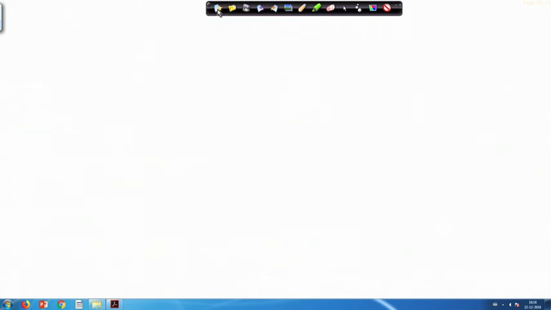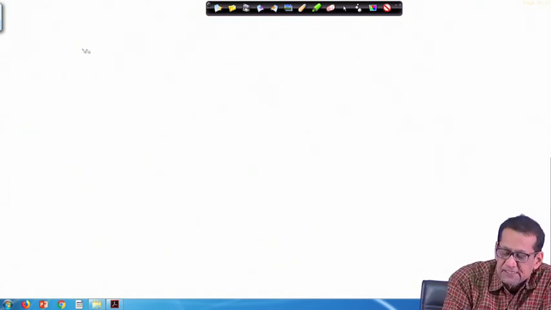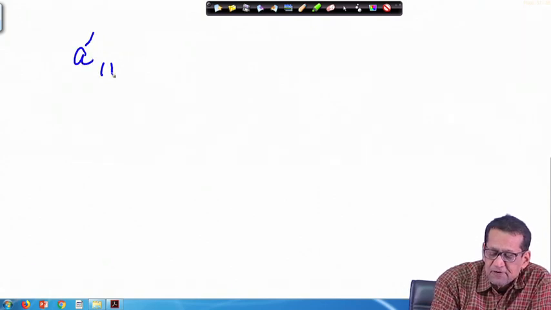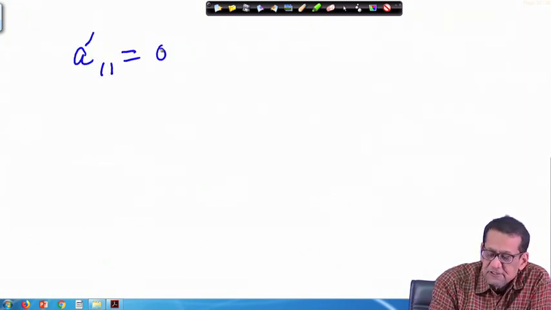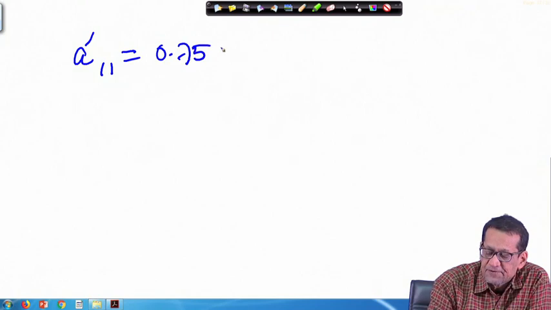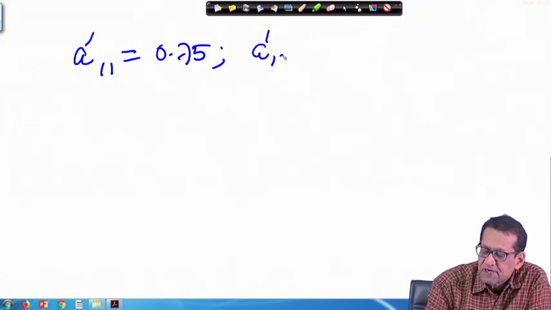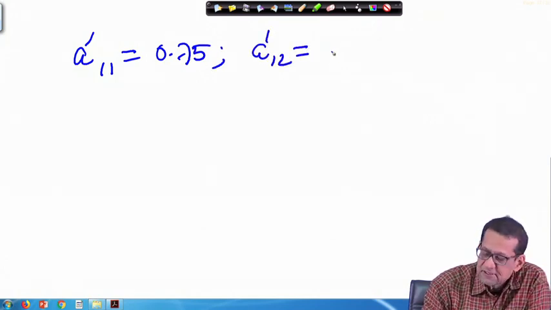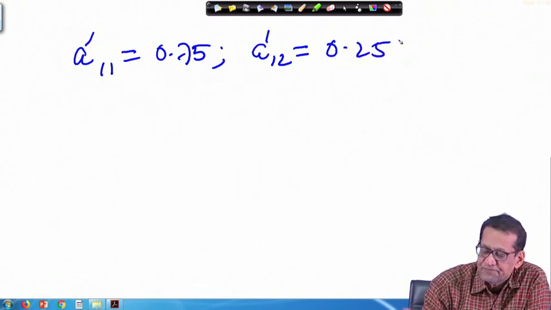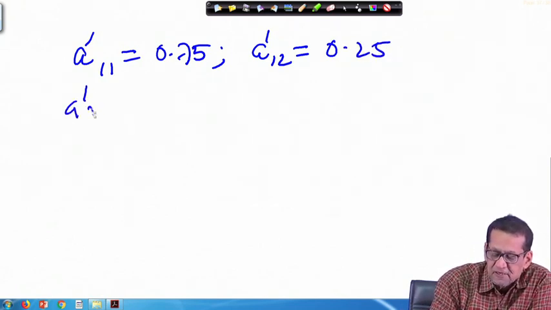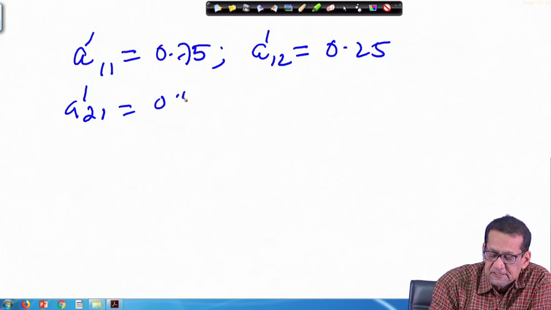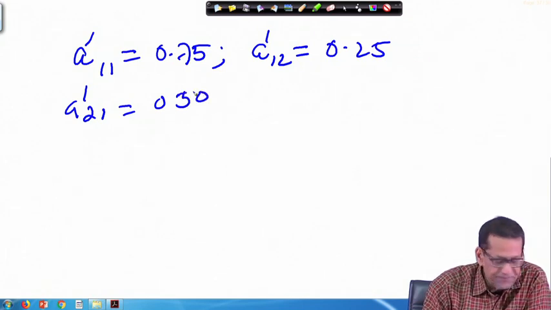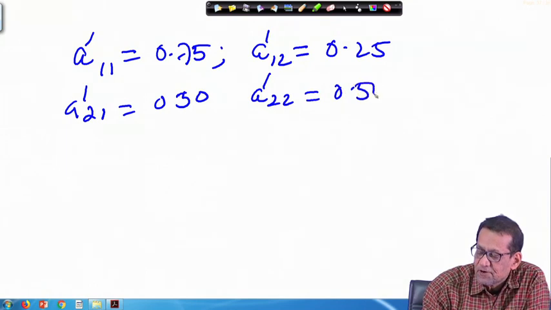Now the AC participation factors are given: A dash 11 is equal to 0.75, A dash 12 is 0.25, A dash 21 is 0.50, and A dash 22 is also 0.50.